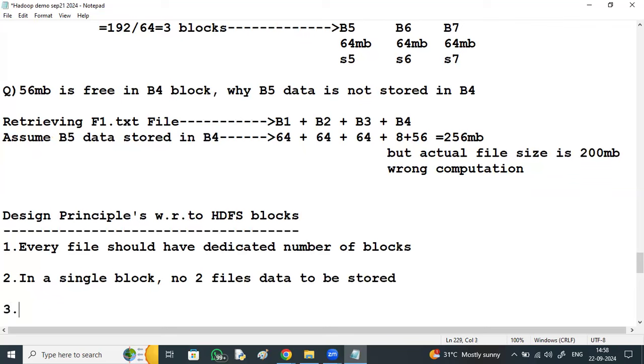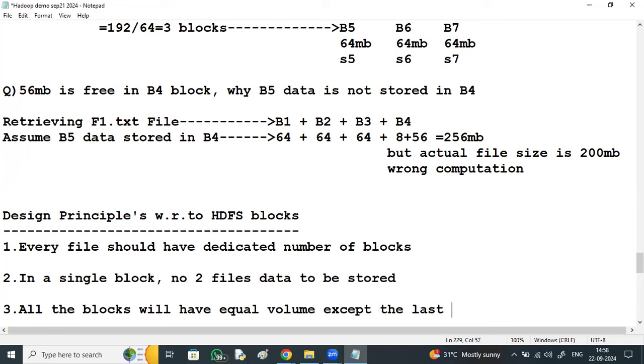Third one, right? All the blocks will have equal volume except the last block.